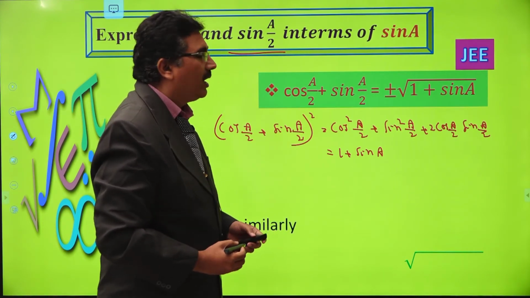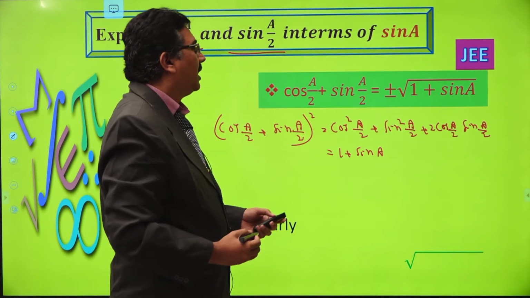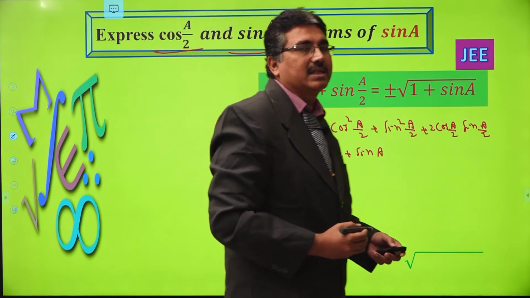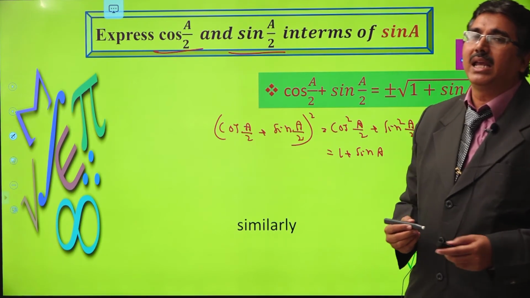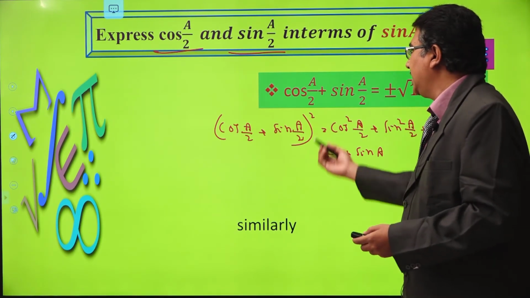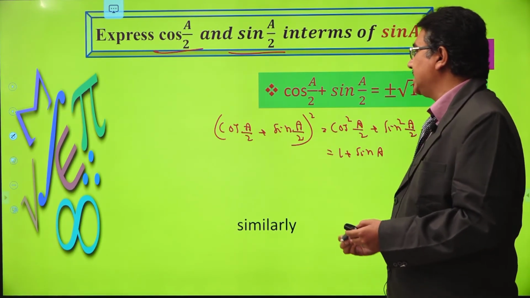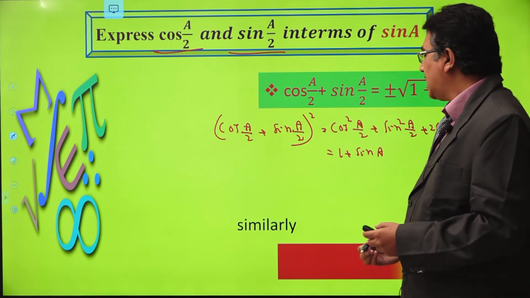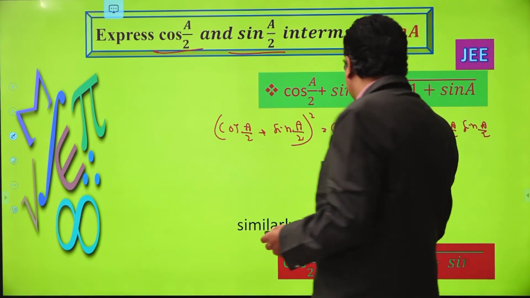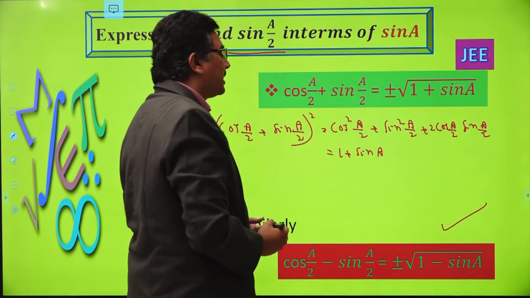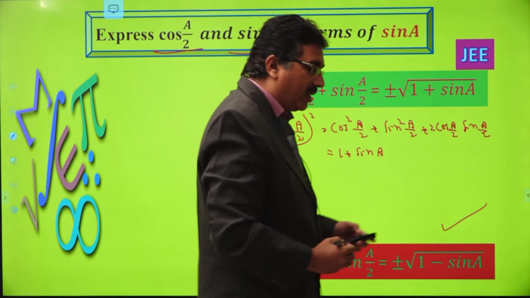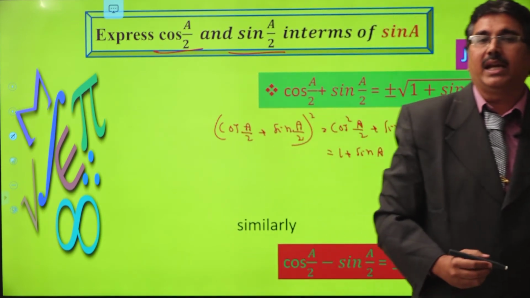Now, what is the value of cos a/2 minus sin a/2? Similarly, continuing this process, we get cos a/2 minus sin a/2 is equal to plus or minus square root of 1 minus sin a.